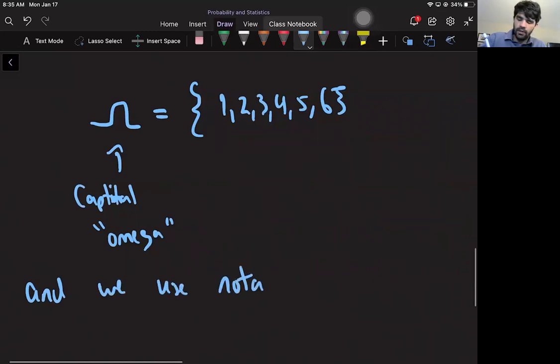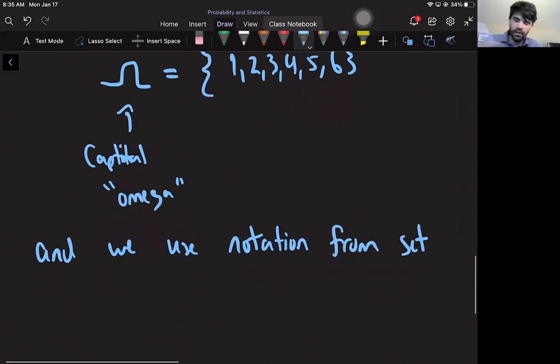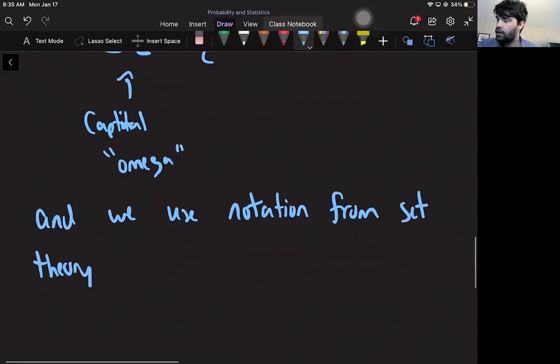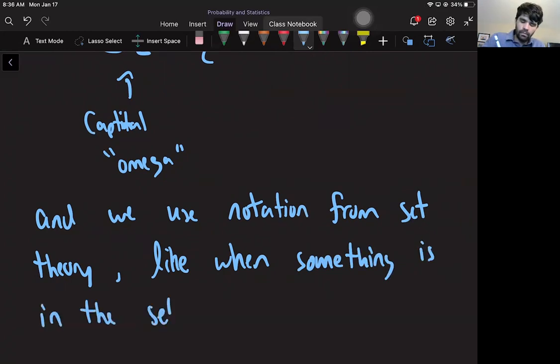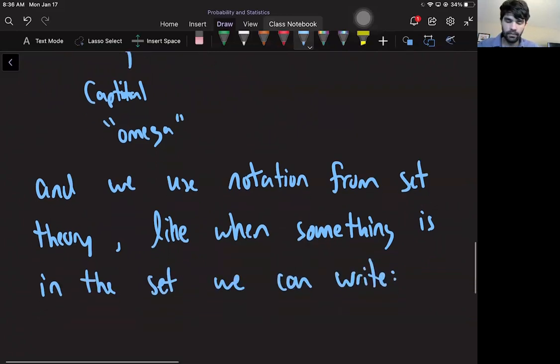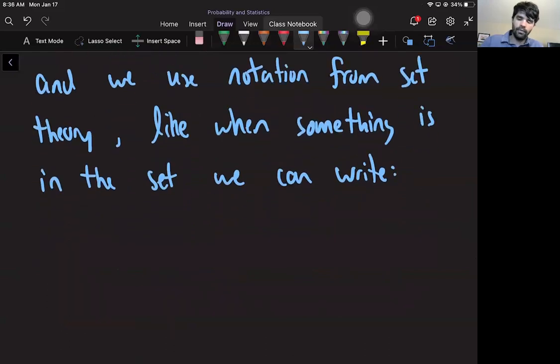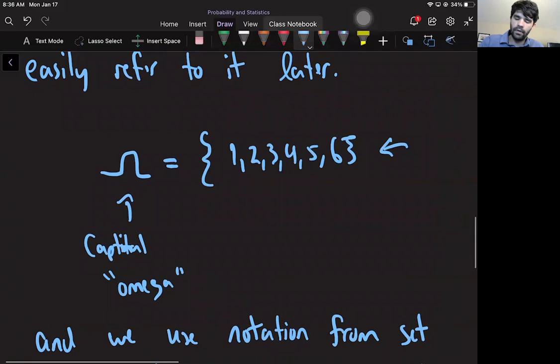And then we use notation from that other subject, set theory, in that other class that you learn about when you learn about proofs and stuff, like this one. If I want to say something is in the sample space, or in the set more generally, we can write this. So this is the notation. For example, what is something that's in the sample space?